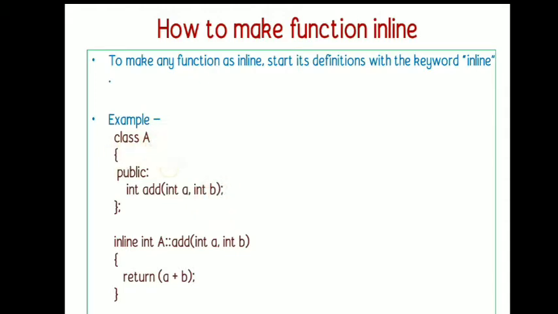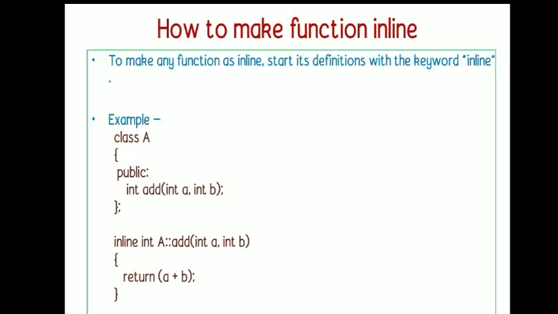When this class is used in the main function, suppose an object for A is defined as object, then this function can be called using that object only. So object dot add, when we call this function as object dot add of, say for example, 10 comma 20.